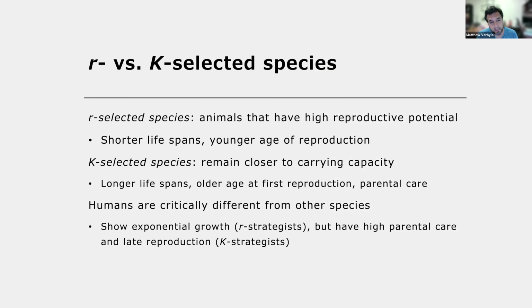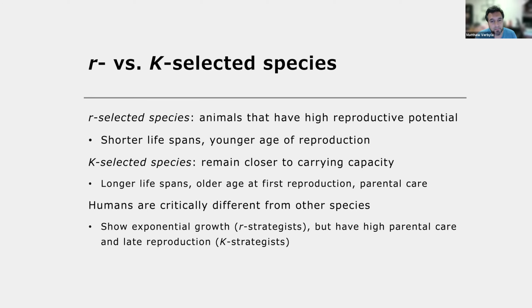So in biology, there are what's referred to as R-selected species versus K-selected species. R-selected species tend to be animals that have a high reproductive potential. They tend to have shorter lifespans, younger age of reproduction, and their population can grow very rapidly.